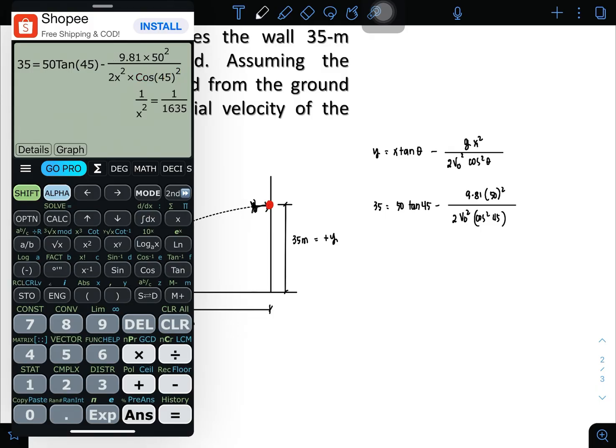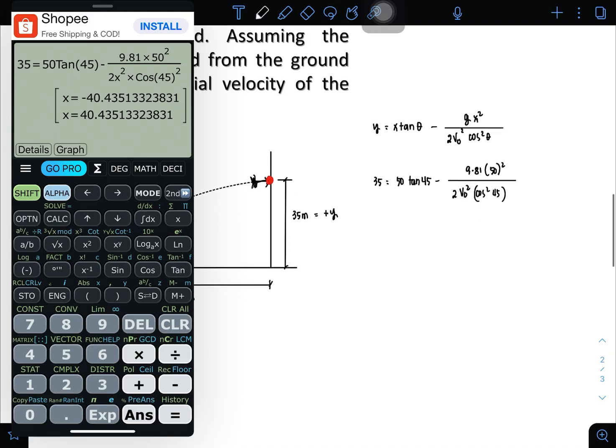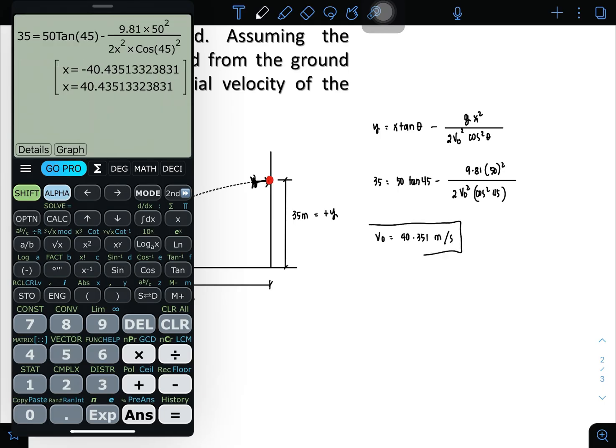And the value is, not x, but V0 rather. So the velocity is 40.351 meters per second.